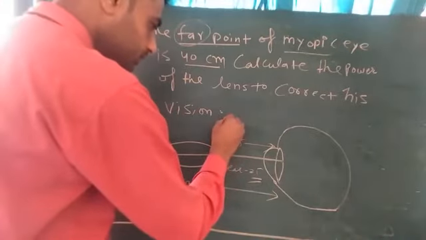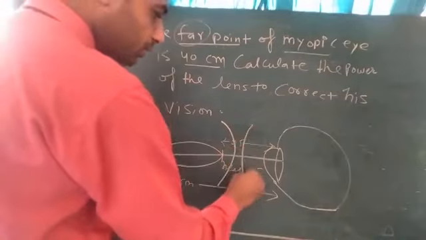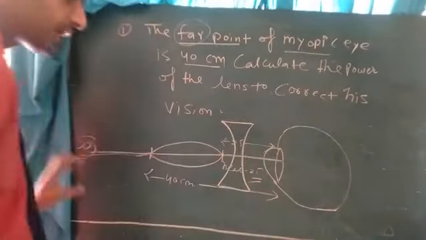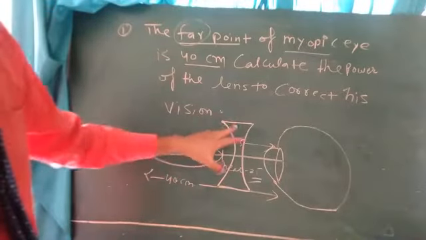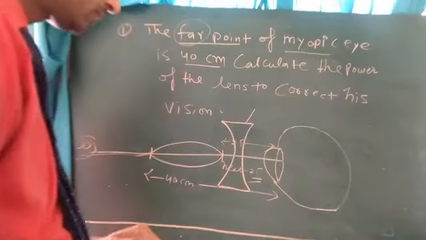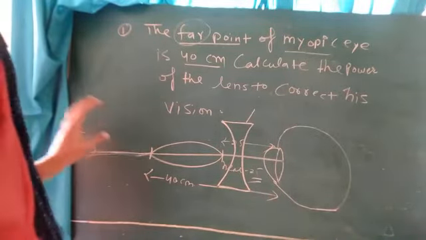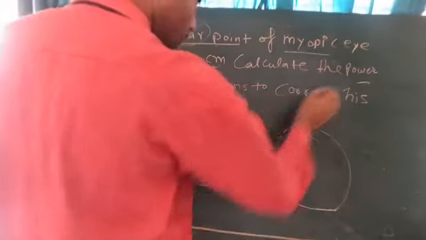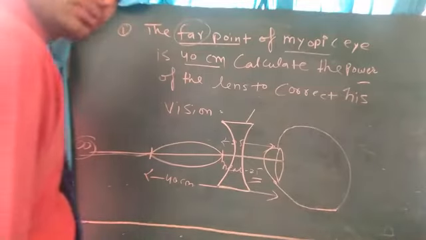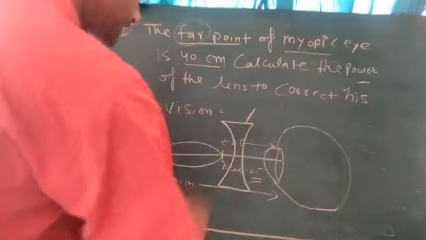Which type of glasses? As you know, a concave lens is used to remove the myopic defect, or we can find the nature of this lens by calculation. We have to find the power of this lens, and we can also find the nature by using calculation, focal length and power.